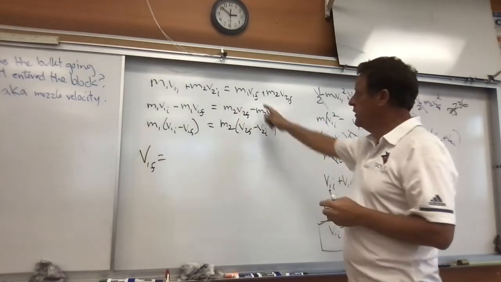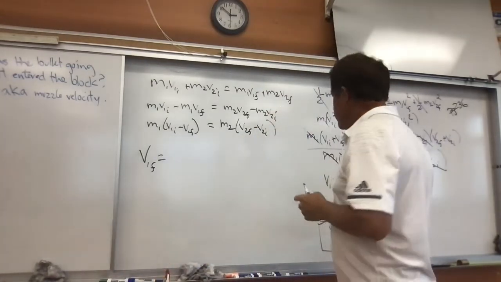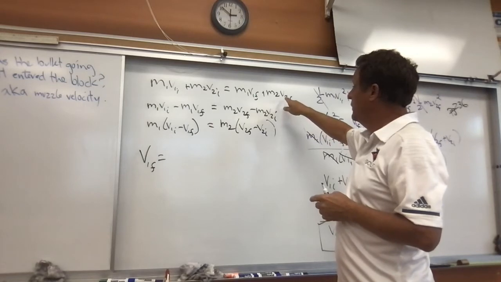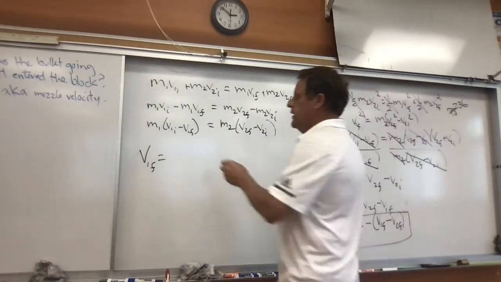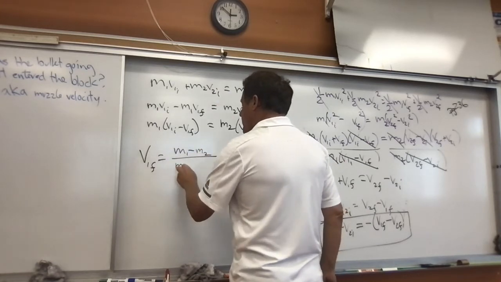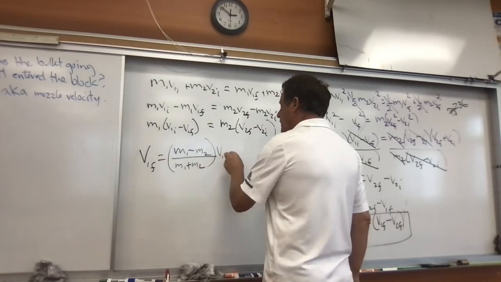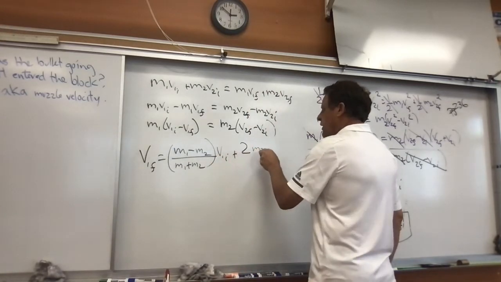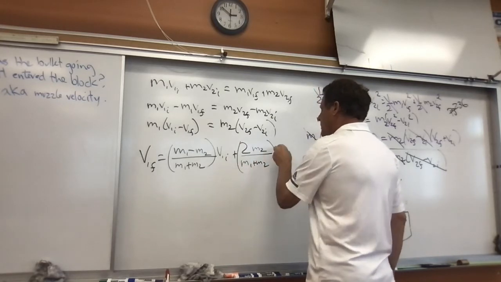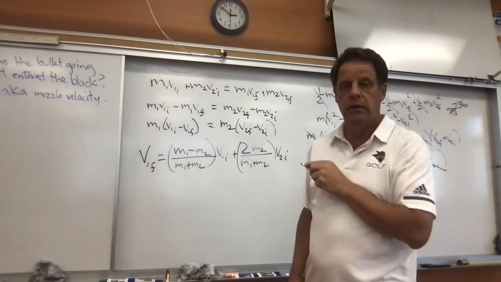When you combine these two equations, you end up factoring out this v2 final. And this is where you get m1 minus m2 over m1 plus m2, the quantity times v1 initial, plus 2 times m2 over m1 plus m2 times v2 initial.